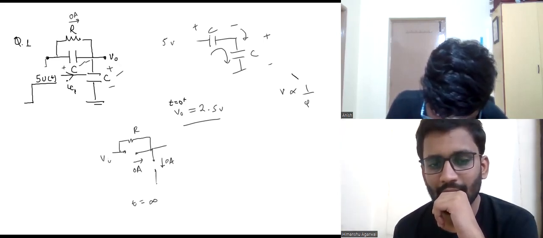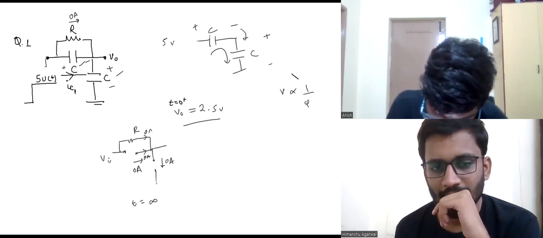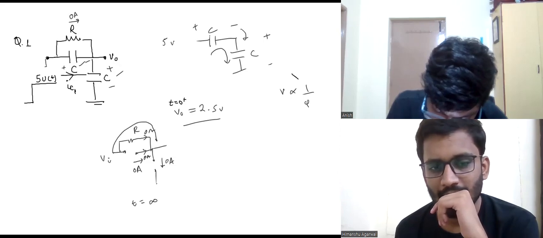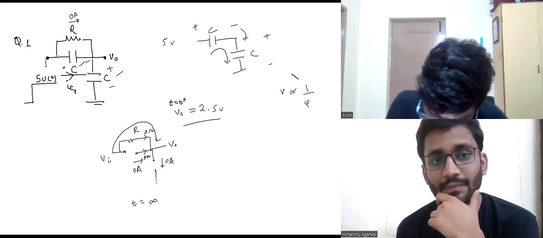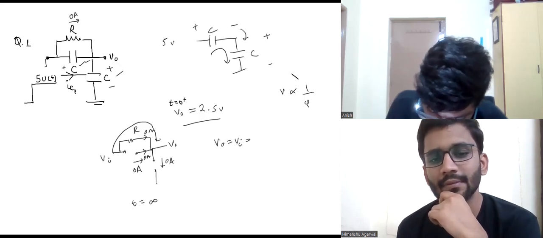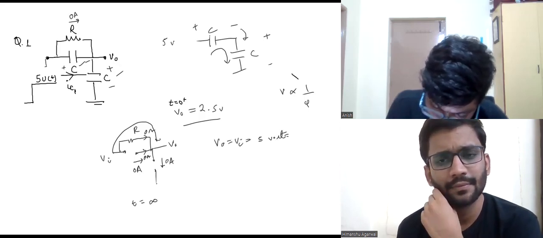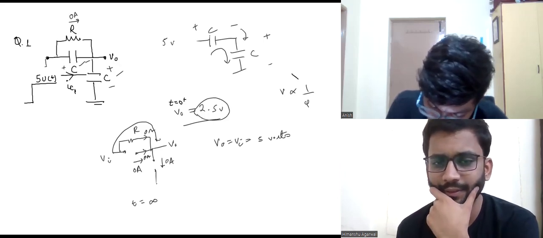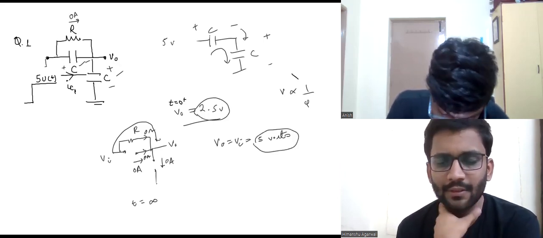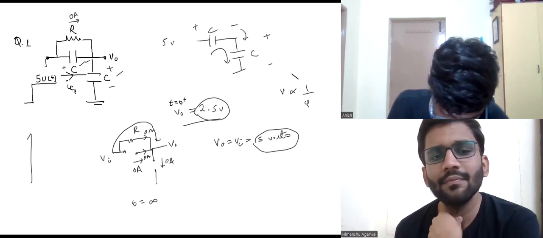So the current through R will also be 0, and the whole VI will come across this one, as the drop through R is 0. So V naught is equal to VI, which in our case is 5 volts. Initially the voltage was 2.5, a sudden jump, and then we got the final voltage of 5 volts. So the voltage waveform will look something like this.